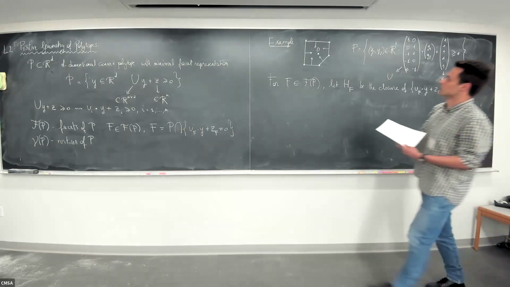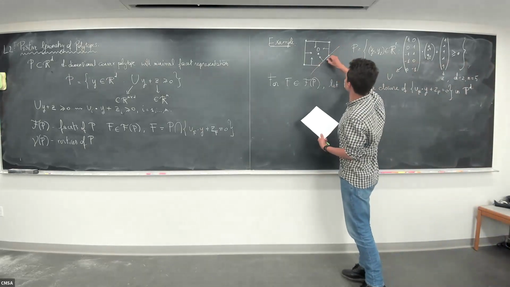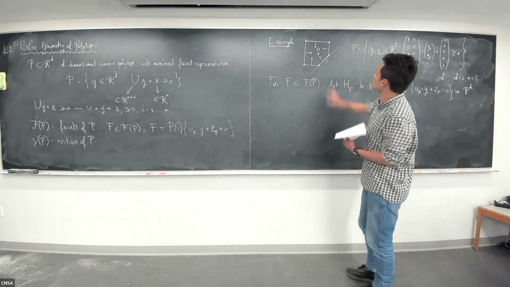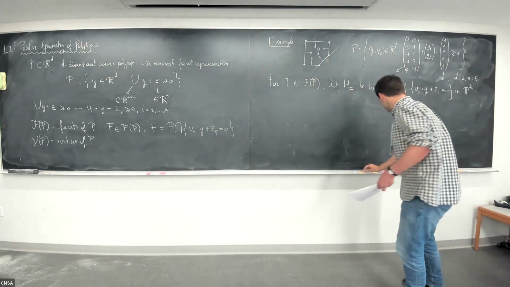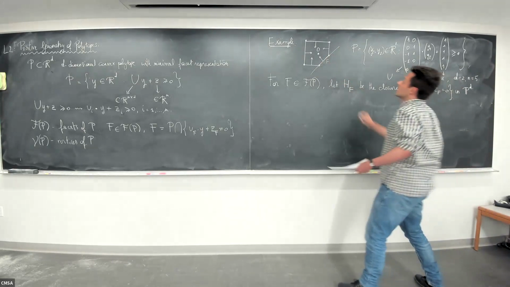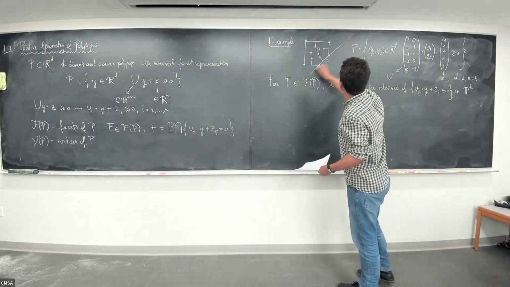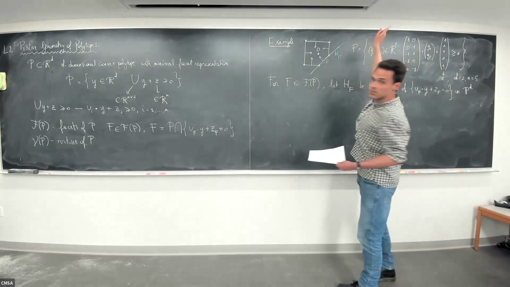So that means for this facet right here, this line segment, the blue line, H_F is a blue line in P^2, as a point at infinity.